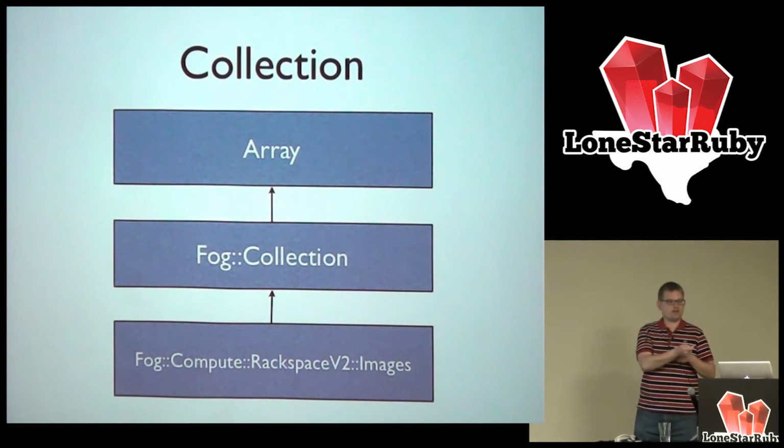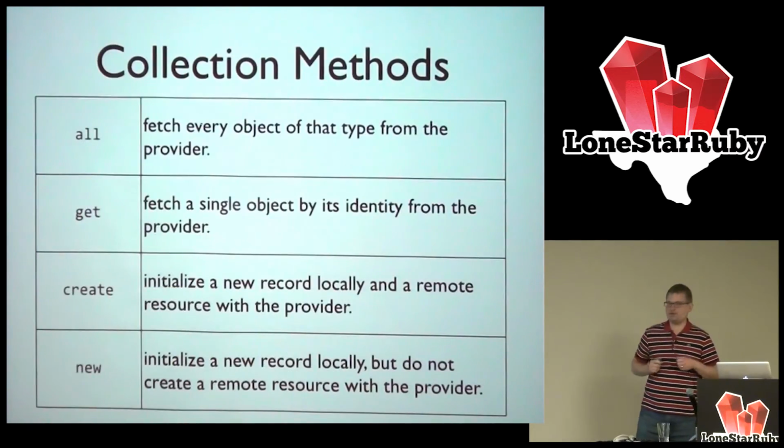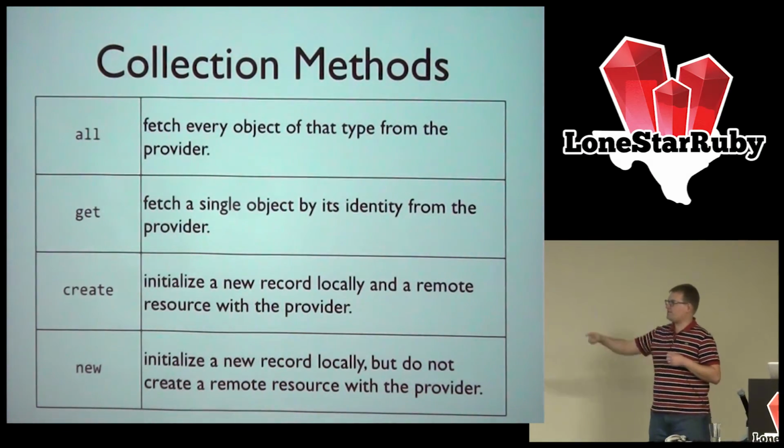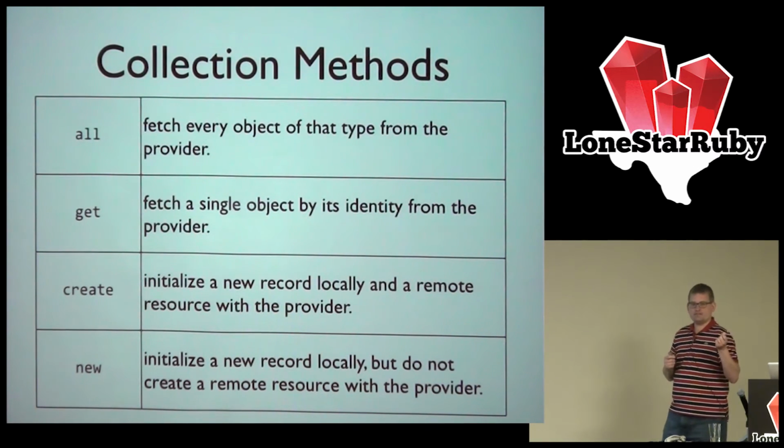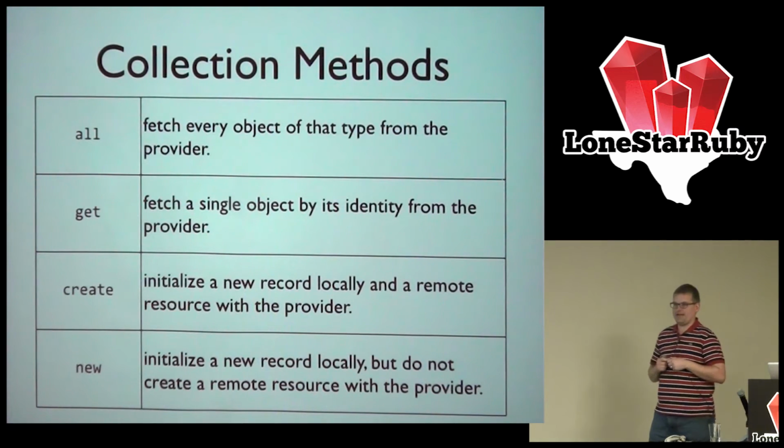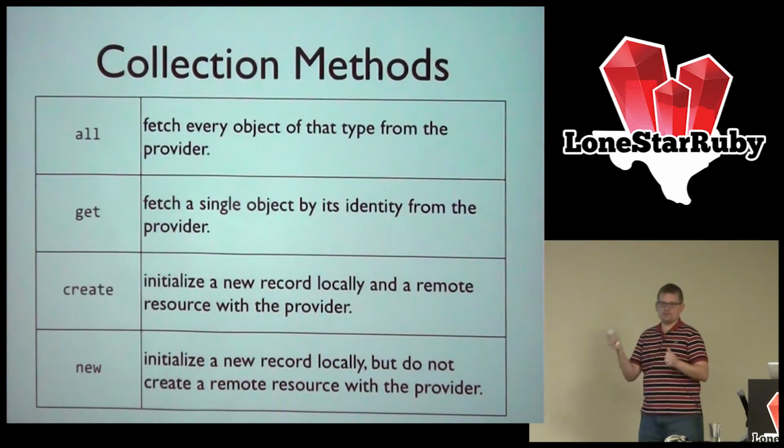And those concrete implementations will typically contain all of these methods. The first being all, and you haven't seen me actually use the all method, but I've been using it everywhere. Every time I go to access a piece of data from that hash, it calls this because it does some lazy loading.